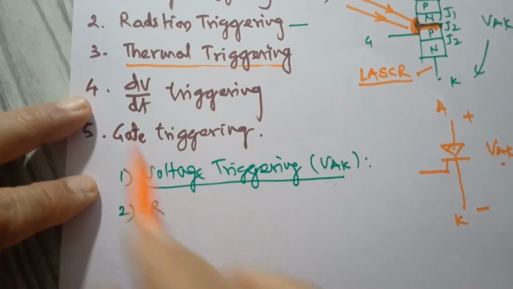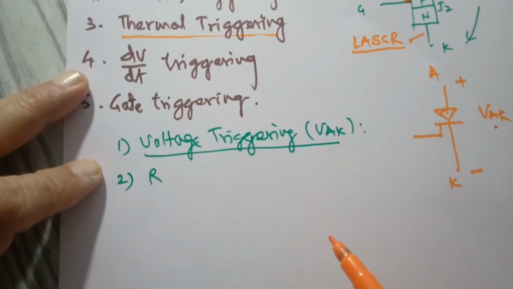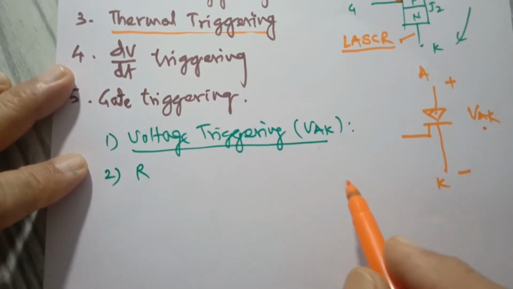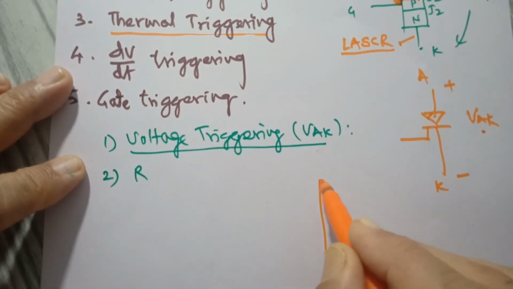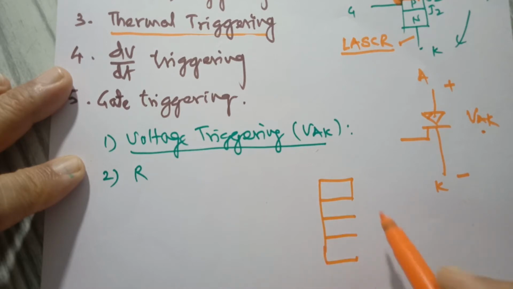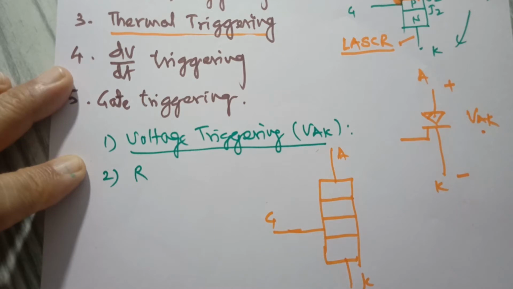Then the next is dV by dt triggering. So this is an SCR, this is the anode, this is the cathode, and this is the gate. And suppose that this is junction J1, junction J2, junction J3.